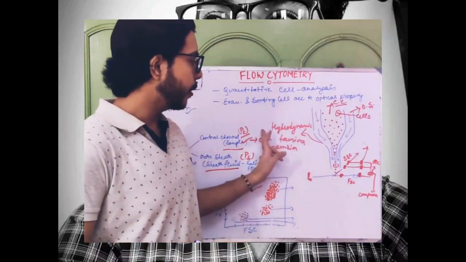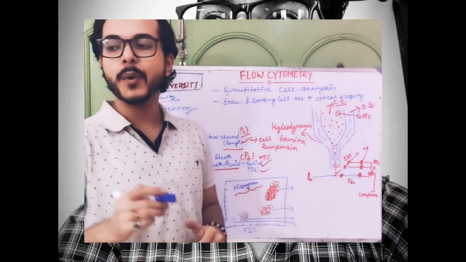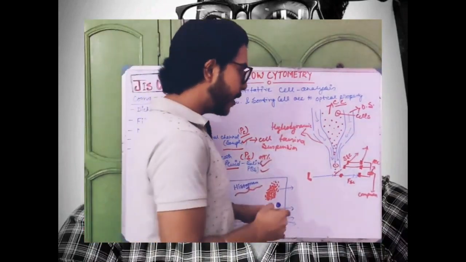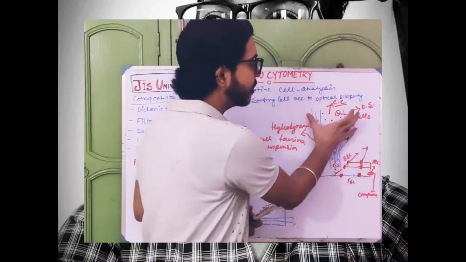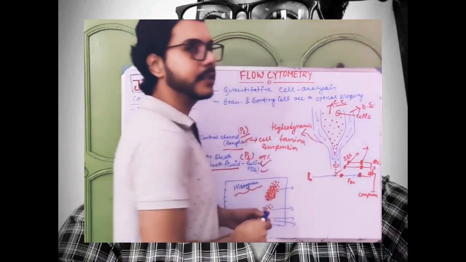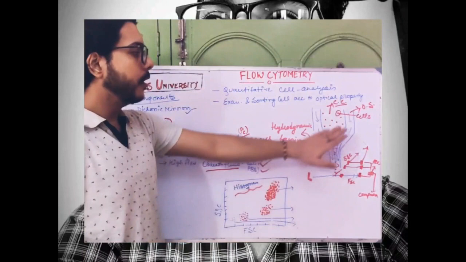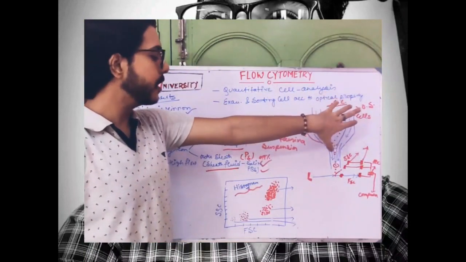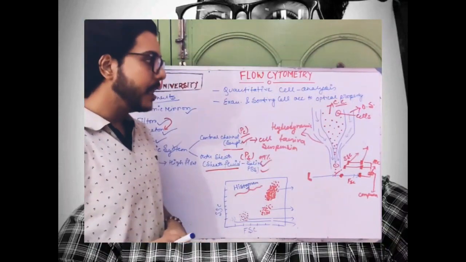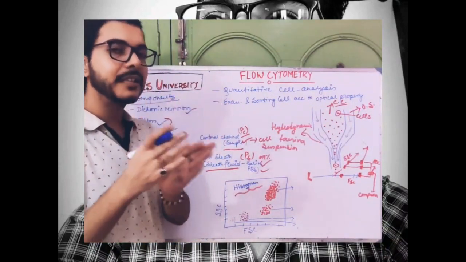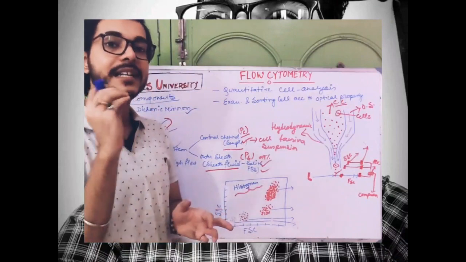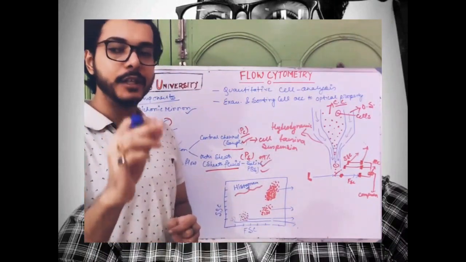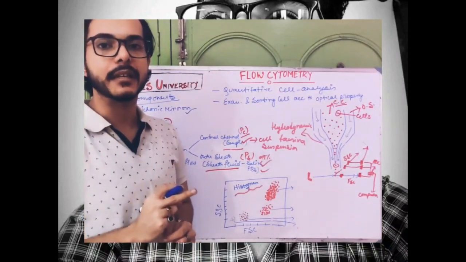And here one important point is coming, that is called hydrodynamic focusing. Hydrodynamic focusing means, what is the reason that this outer sheath fluid system is there? Because this is a cell suspension. The principle of flow cytometry says that the single cell suspension should pass through a narrow channel, which makes sure that only one cell is passing.